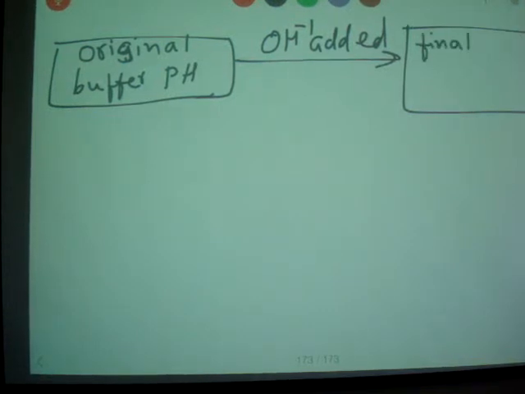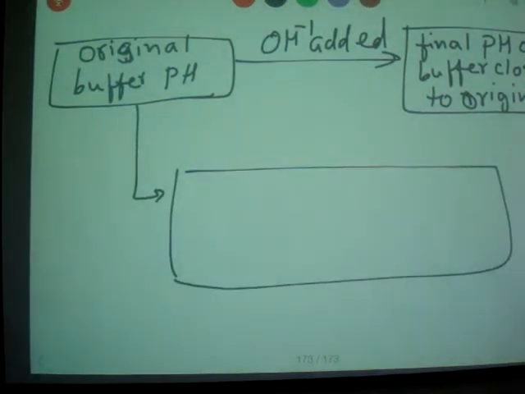The final pH of the buffer is close to the original. Why? Because even if you add a small amount, the buffer resists change, right?